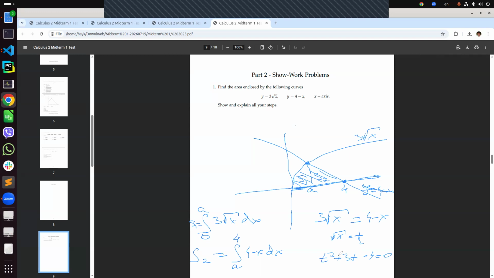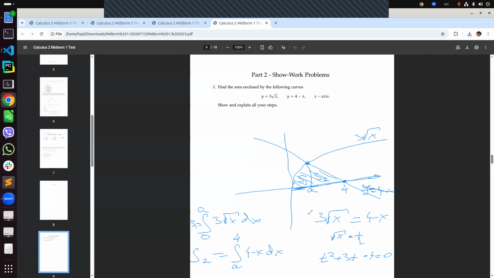The discriminant is 9 plus 16, which is 25, so the square root is 5.